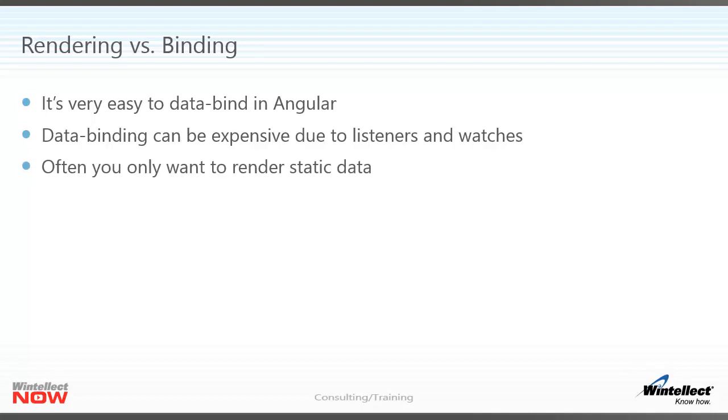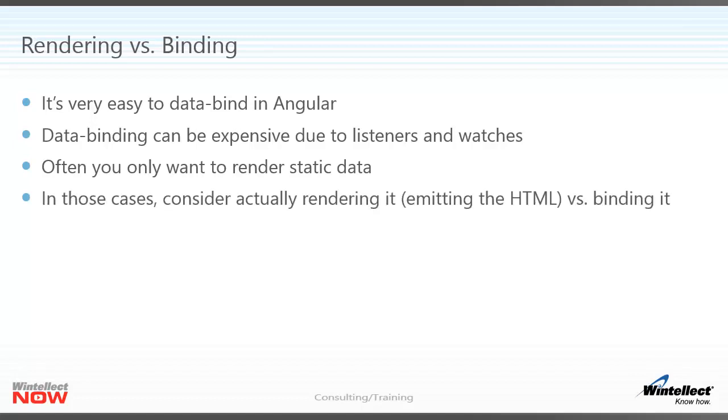There are many times you really only want to render static data, and it may seem just easier to render that data using data binding, but you get the side effects of those listeners and watchers. So in those cases, you probably want to consider actually rendering it, and that's emitting the HTML rather than binding it.